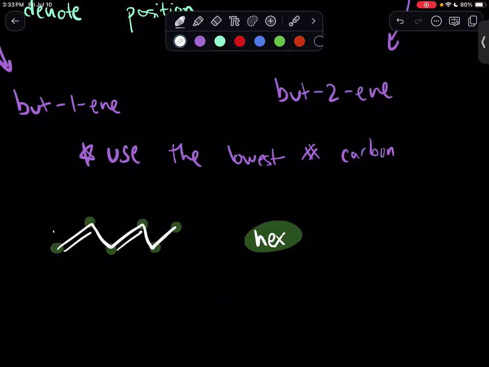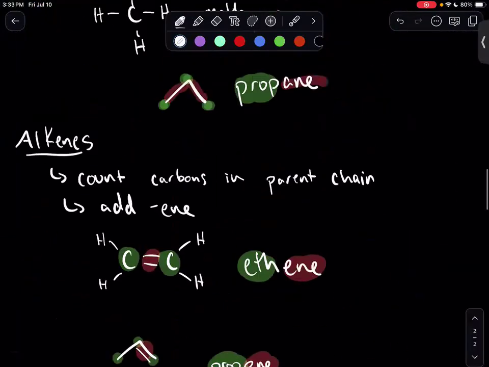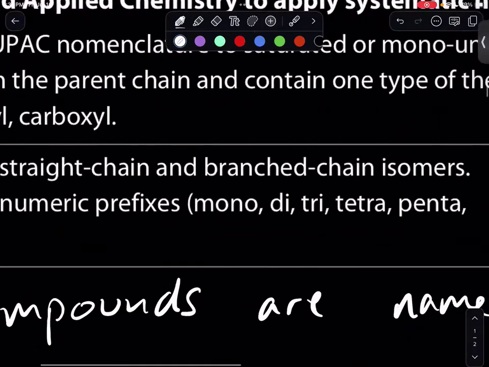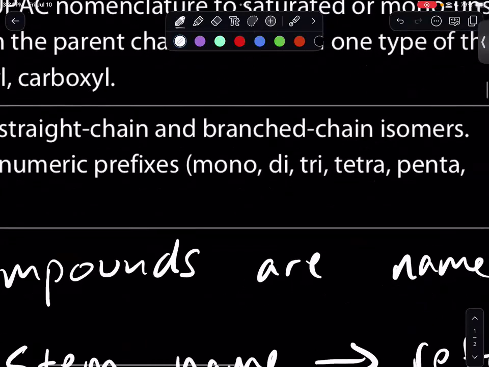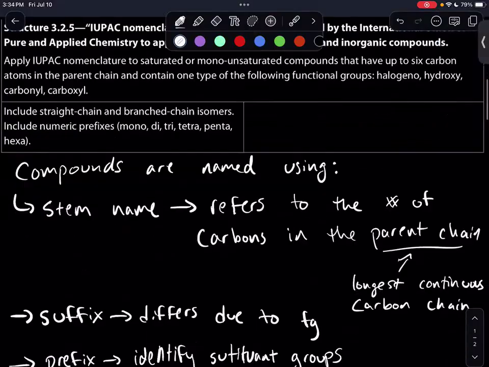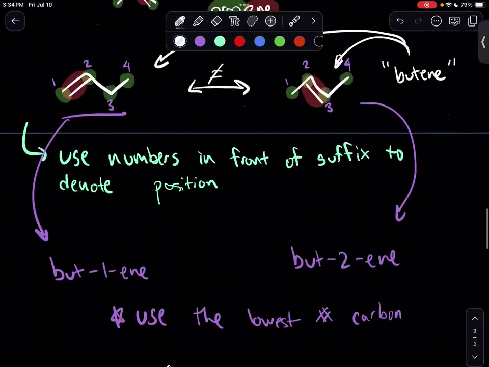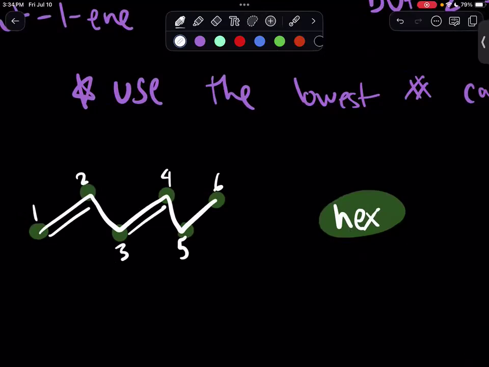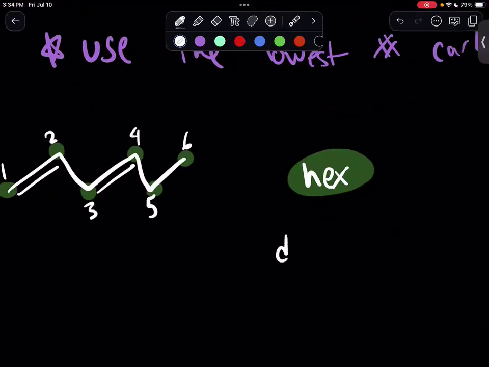So in this case, we're going to number our carbons again. And here's where we're going to look back up to what we had to see in the beginning, which was we're going to include numeric prefixes: mono, di, tri, tetra, penta, and hexa. Well, there are two double bonds. So this is what we're going to refer to as a diene.